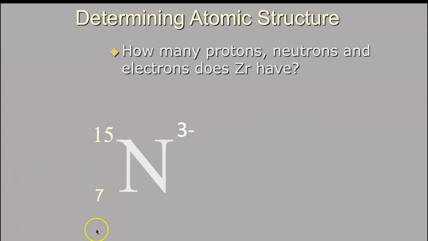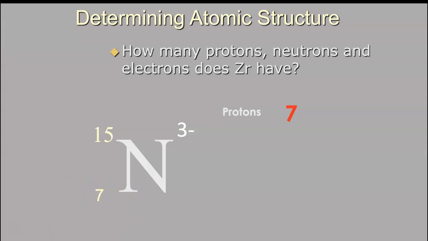Oh, now this one we've got an ion. This is not a neutral atom. And that should say N there, not Zr. So let's fix that. How many protons? Hopefully you're thinking 7. Yes, because that is our atomic number right here.